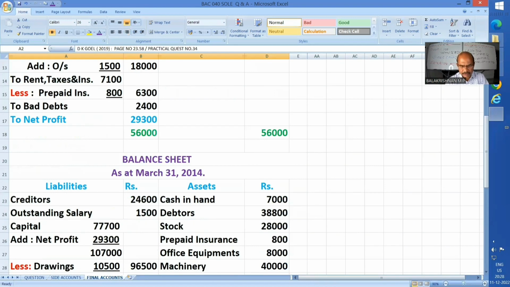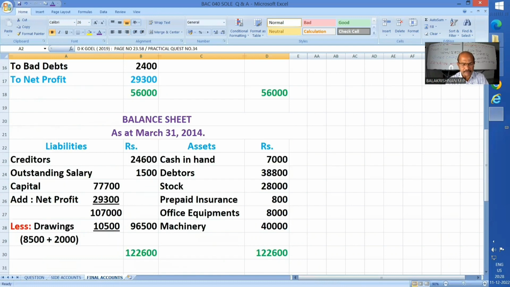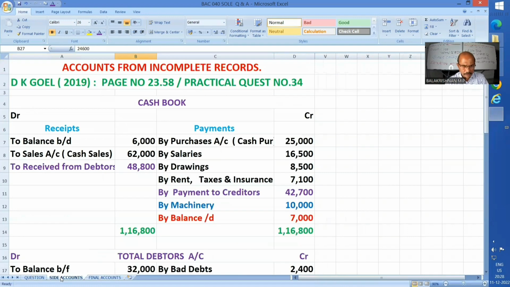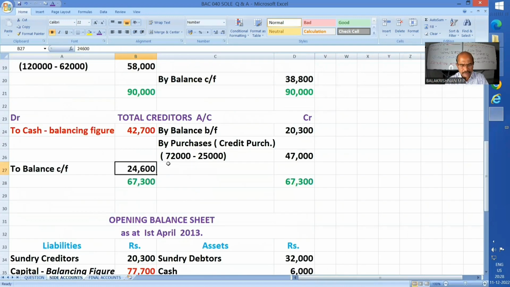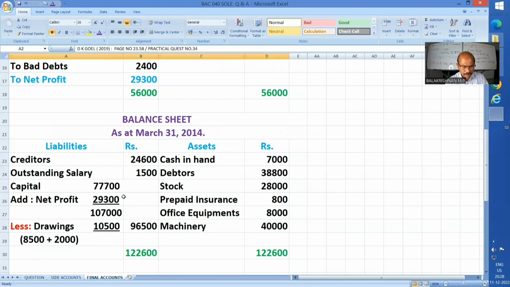Now, balance sheet. Here it is a balance sheet, not a final statement of affairs, because it's a converted, proper double entry system. Creditors, based on your ledger itself. What is the closing balance? 24,600. Show it here. Outstanding salary.